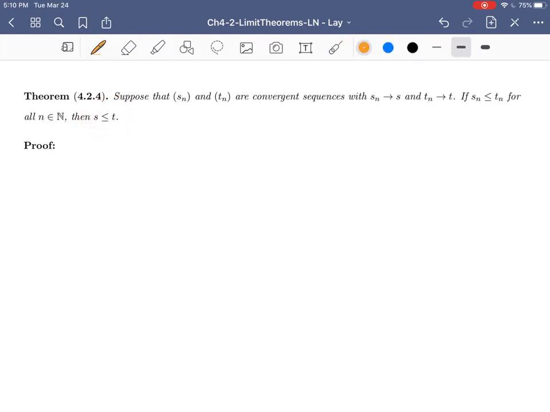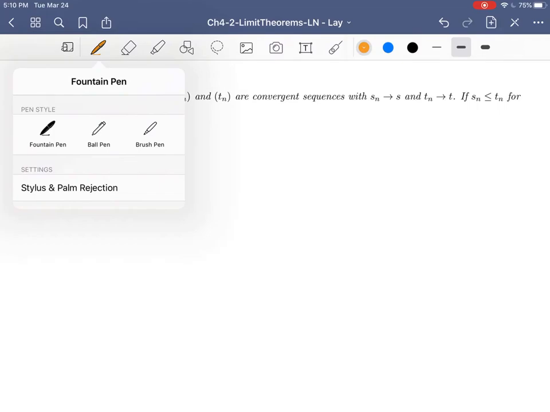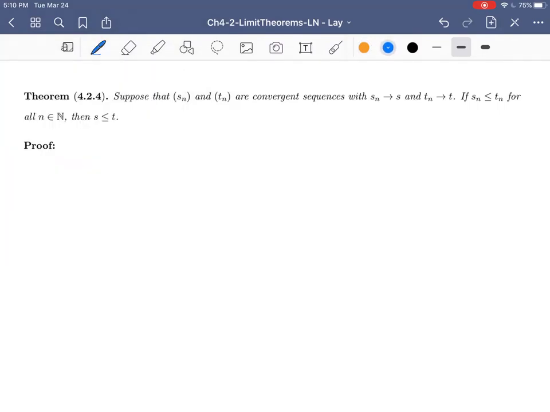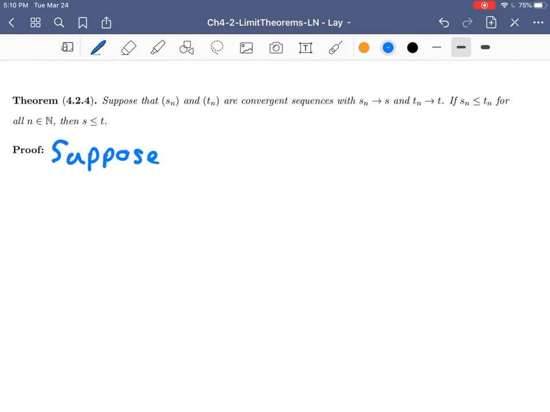And so we are going to prove this. Our method of proof is a proof by contradiction. So let's suppose that S is actually bigger than T. Then let's take epsilon to be equal to (S minus T) over 2.